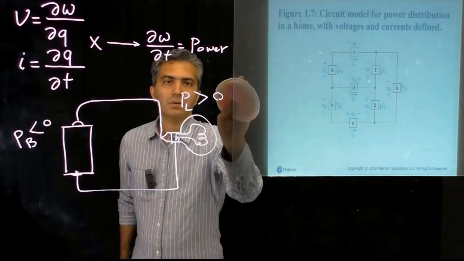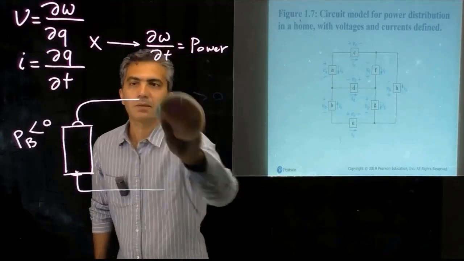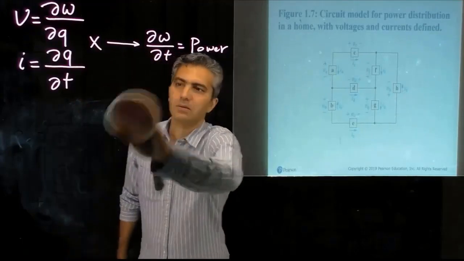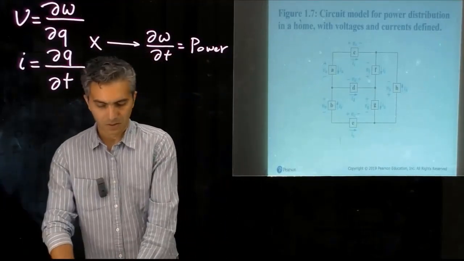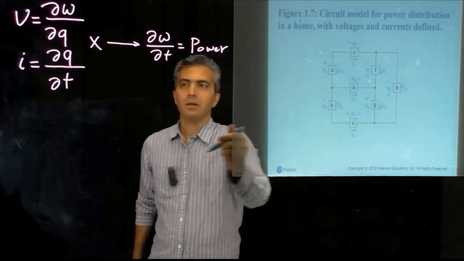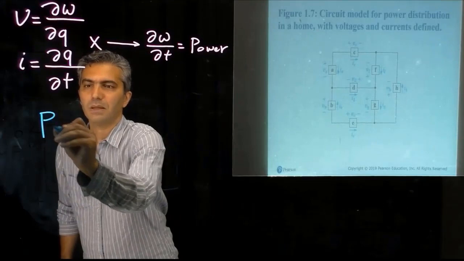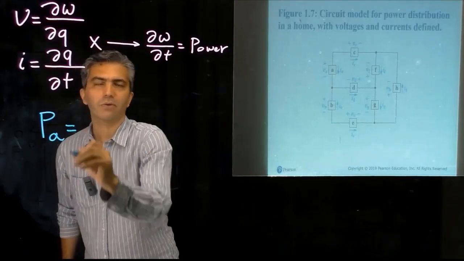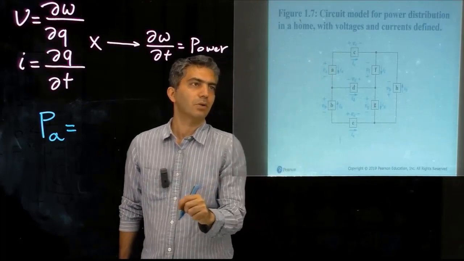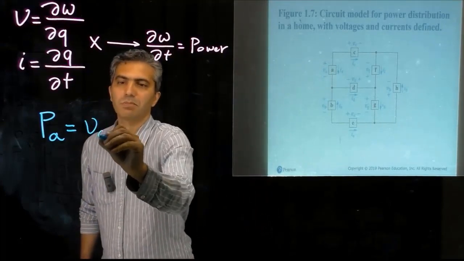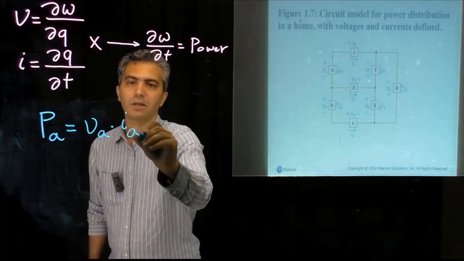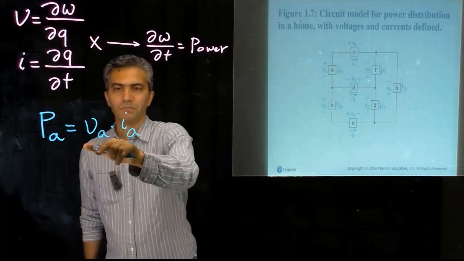So let's try that and practice the convention that we defined earlier. Okay, so starting from the component A, I'm going to call that PA, the power for component A. So the current is actually entering the positive terminal, so that would be therefore simply the voltage across multiplied by the current that is passing through it.